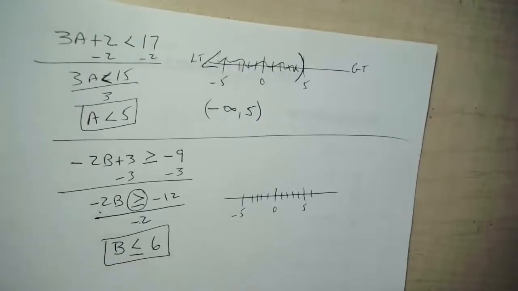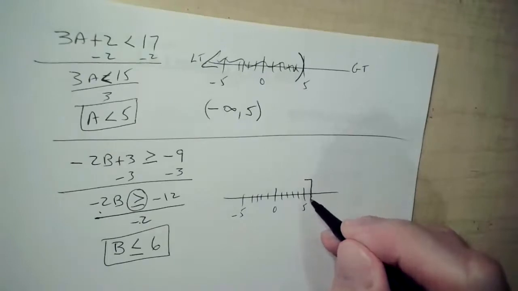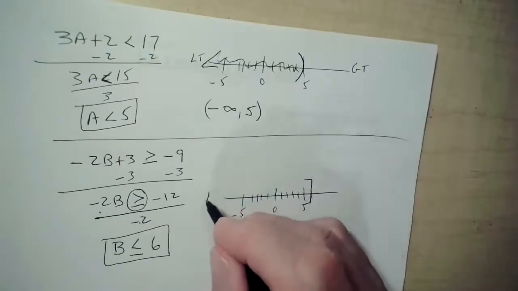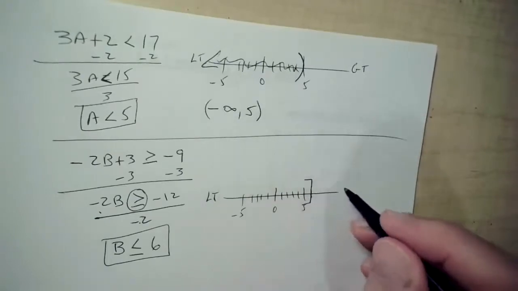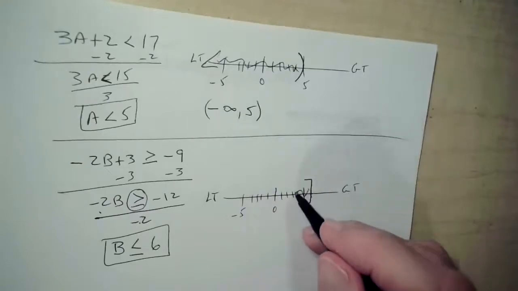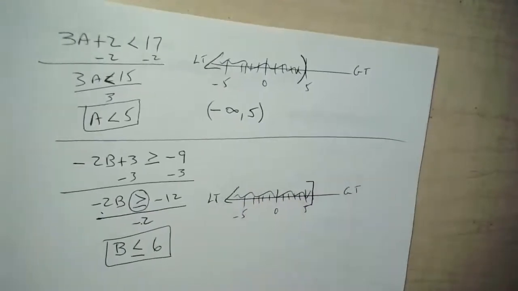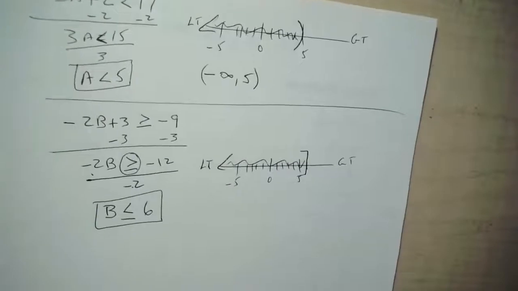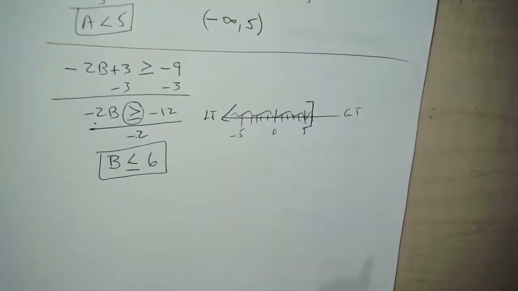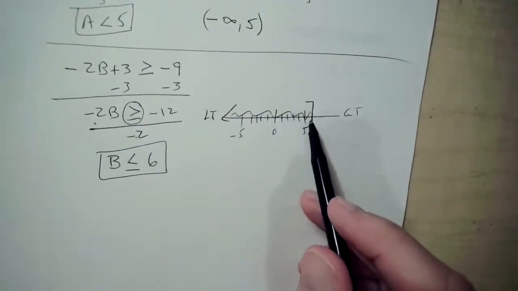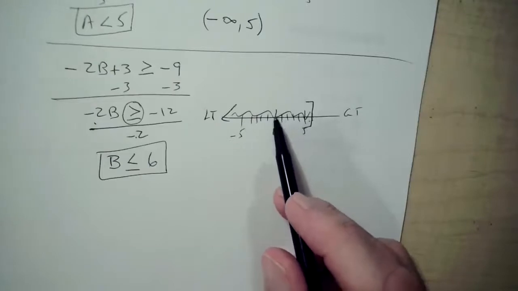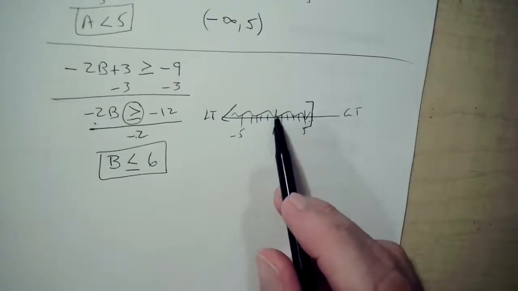Now we know that b is less than or equal to 6. Less than or equal to, we use brackets. And again, this is less than, this is greater than. Now, if you're not sure which way this thing opens, take a number, any number.